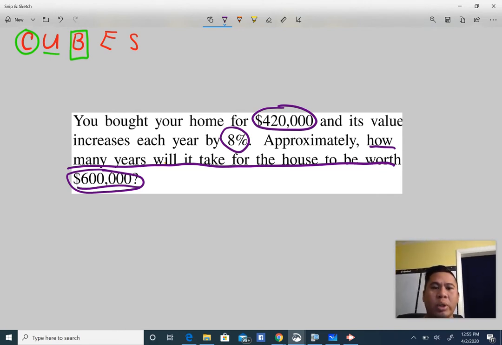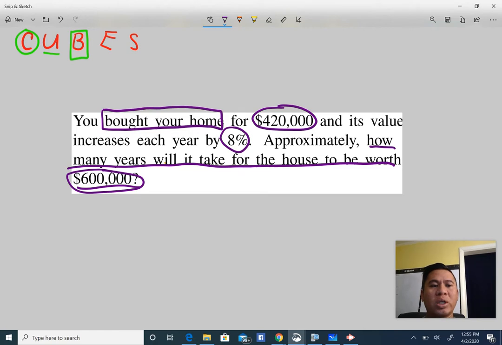Let's box the keywords. 420,000 is the value the house was bought for. 8% is the rate of increase.